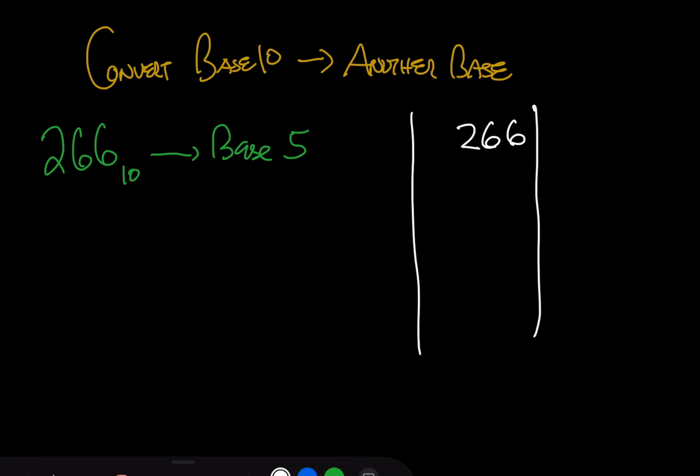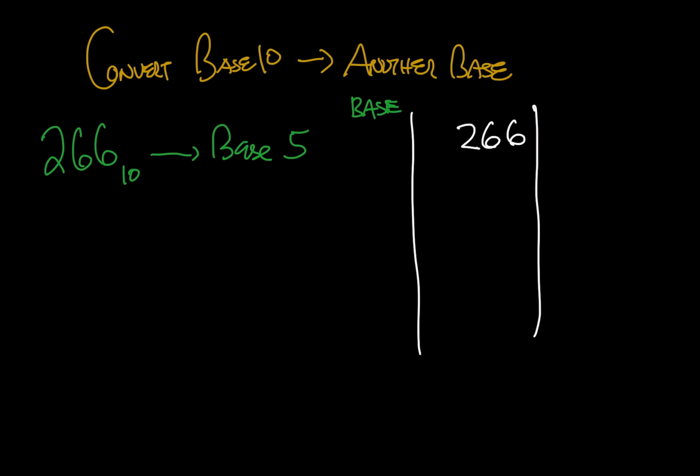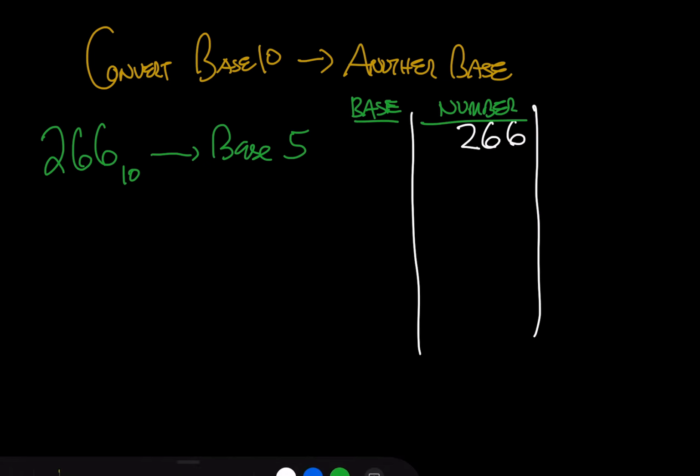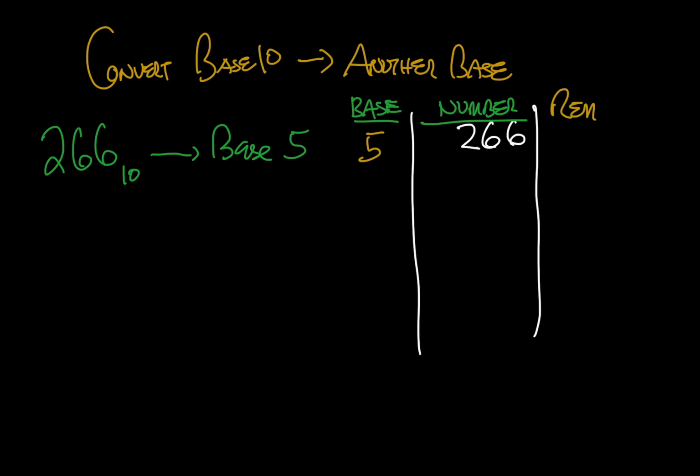This number, 266, is already in base 10. We want to convert it to base 5. So the number we're going to have outside is 5, the base we want to change it to. We do it like a long division, with a divisor, and on this side we have the remainder.